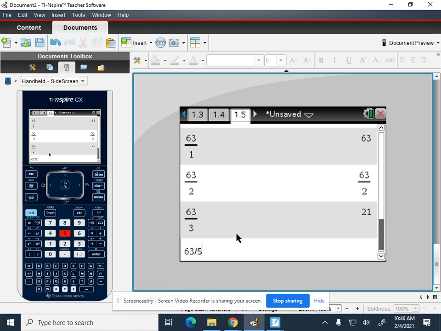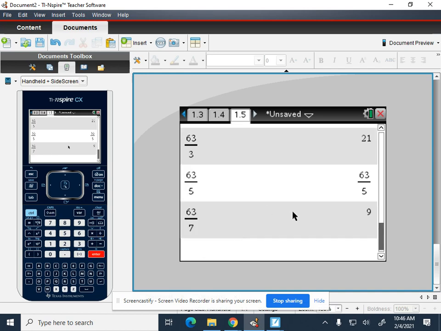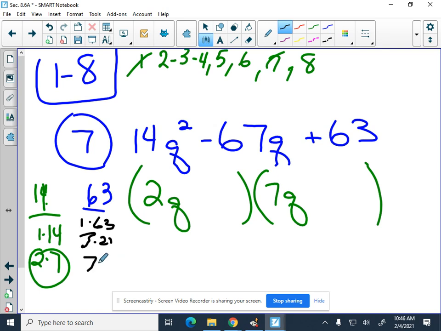If you know the rules with 5, the only way 5 will work is if it ends in a 5 or a 0. Okay? I don't have to check 6 because it's even. 63 divided by 7 is 9. So I have them all. You can try 8, but 8's even, and then 9 is going to be a repeat. So I'm going to see if 7 and 9 get this to work out.